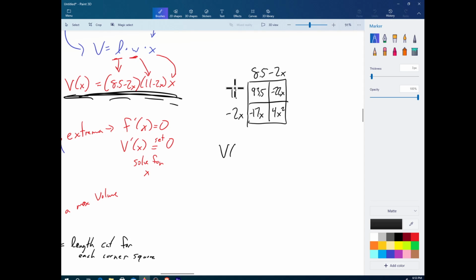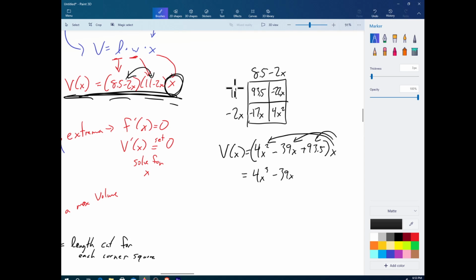So this means that when I multiply just these 2 pieces together, I'm going to put the leading coefficient, the thing with my x squared, first. And then that's going to be minus 39x plus 93.5. And I still have this x outside. If we neglect it, we're changing the problem and we don't want to do that. But what's really handy is this distribution is super easy at this point, and we get just a simple polynomial that's going to be so easy to take the derivative of.